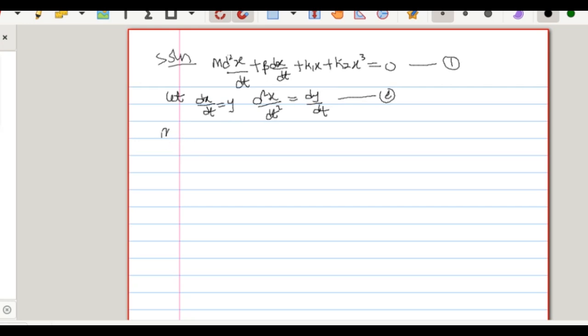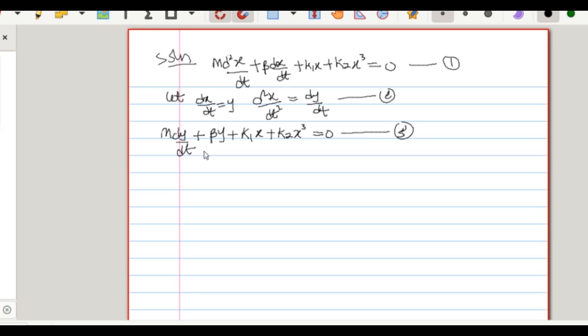We are going to substitute equation 2 into equation 1. If we do that, instead of d squared x over dt squared, we are going to have m dy over dt plus beta y plus k1 x plus k2 x to the power of 3 equal to 0. Let's call this equation 3.